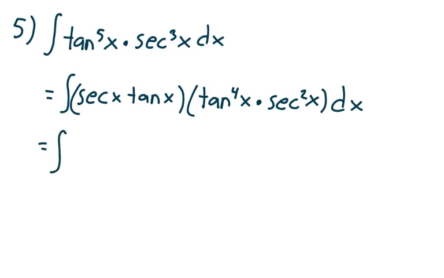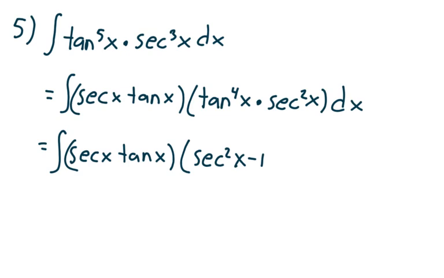What I'm going to do is write this as secant x tangent x times secant squared x minus 1 to the 2nd times secant squared x dx. I just happen to know that the derivative of secant x is secant x tangent x.